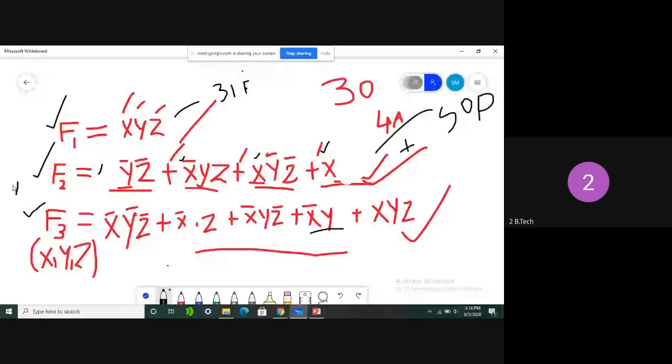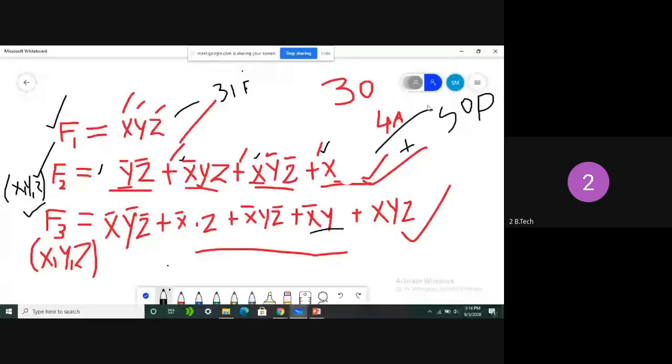So clearly, we can say that F2 is represented in SOP form. Even though we removed some literals, this form can still be called SOP, that is, sum of product terms. See here, in the first term what is the product?